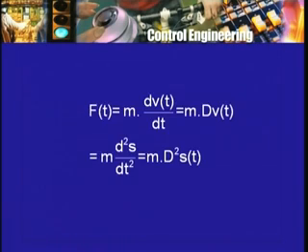First you differentiate s, the displacement or position function, and you get a new function, the velocity function. Then you differentiate that to get the acceleration as a function of time, and you multiply by the mass m. That will give you the force acting on the mass or the body at any moment of time t.